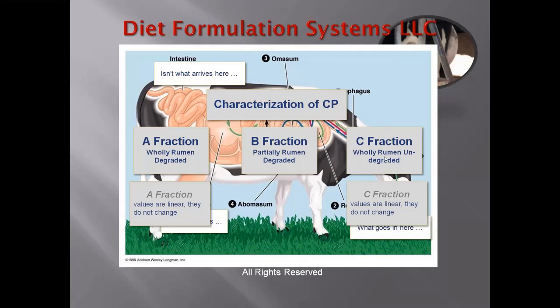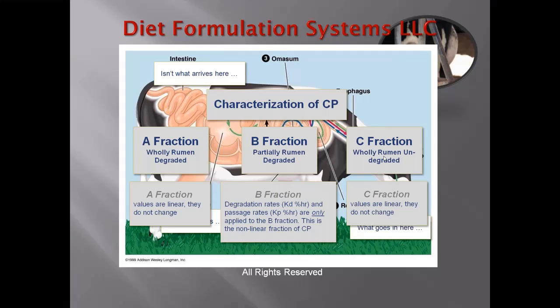If we've got a 15% C fraction, all through the model predictive process, that's the value it will have. Not so with the B fraction. The degradation rates and the passage rates are only applied to the B fraction. They don't apply to the A fraction or the C fraction. Those are fixed values. They don't change. This one changes.